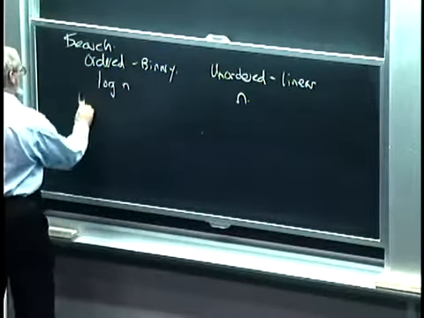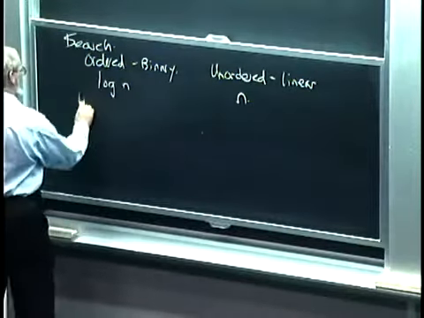And this led to this idea of amortization, which is that I need to not only factor in the cost, but how am I going to use it? And typically, I'm not going to just search once in a list. I'm going to search multiple times. So if I have to do k searches, then in the linear case, I've got to do order n things k times. It's order kn. Whereas in the ordered case, I need to get them sorted, which is still n log n.